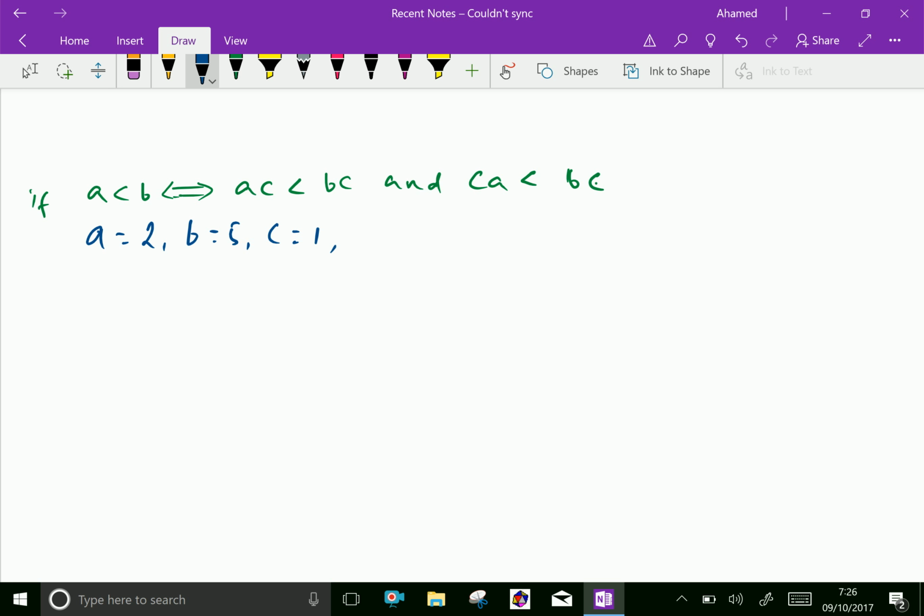Now AC means A is 2 and C is 1, is lesser than B is 5 and C is 1. Here 2 into 1 is 2 is lesser than 5 into 1 is 5. Like here CA, that is 1 into 2, is lesser than BC, that is 1 into 5, that is 2 is lesser than 5.